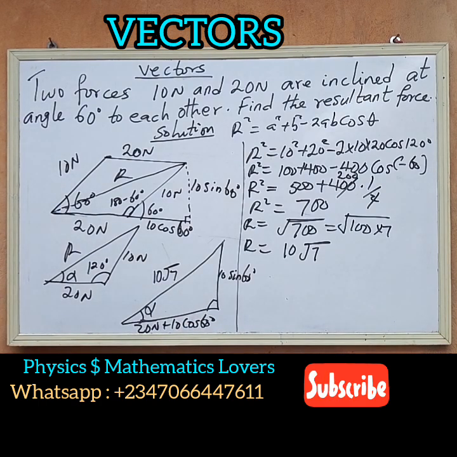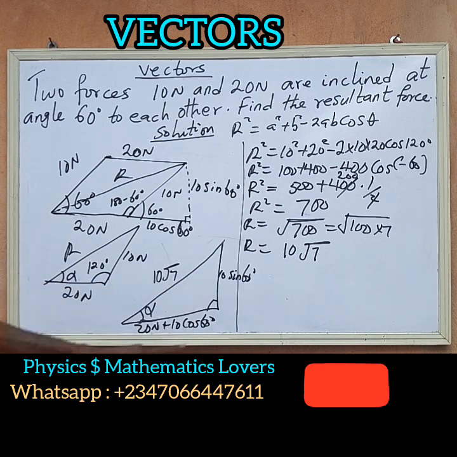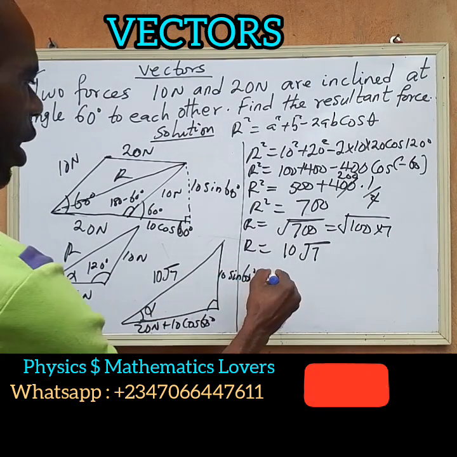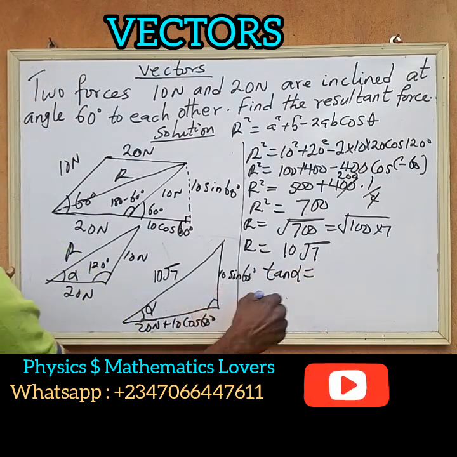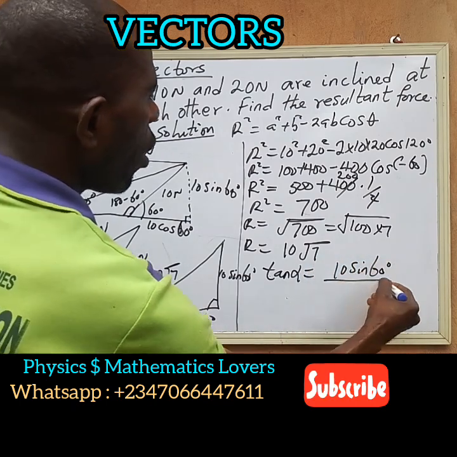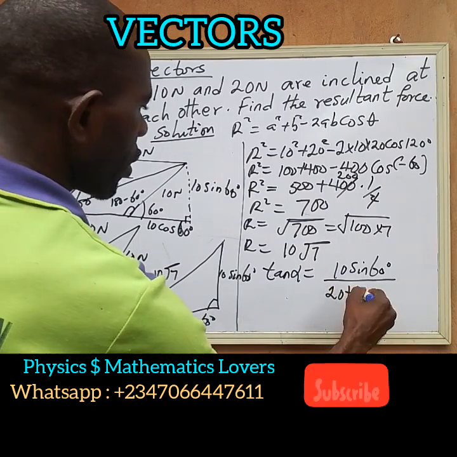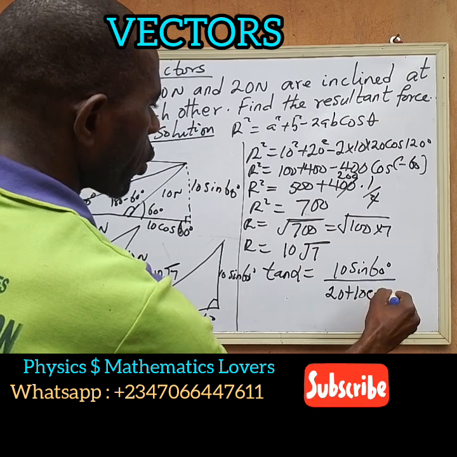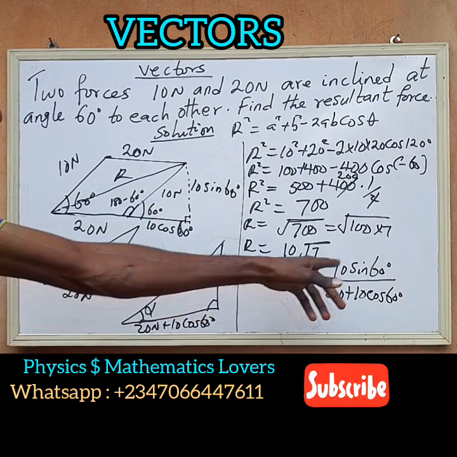Now, for you to get the direction, we use the tangent function, that is opposite over adjacent. So the direction of this resultant: tan alpha is equal to opposite, which is 10 sine 60 degrees, all over 20 plus 10 cos 60 degrees.